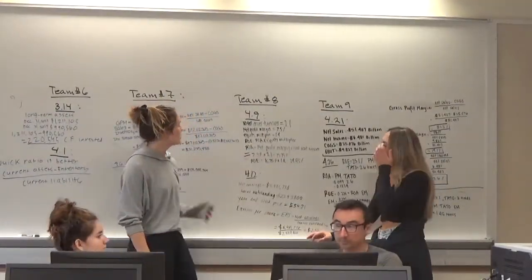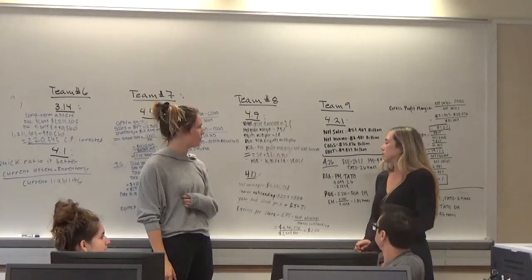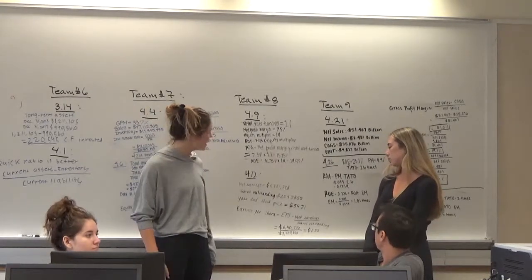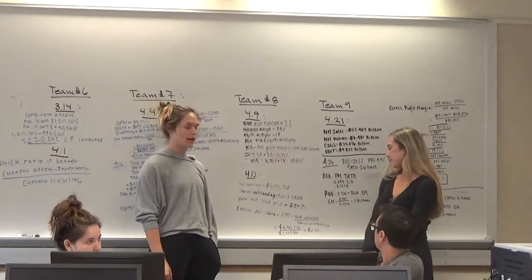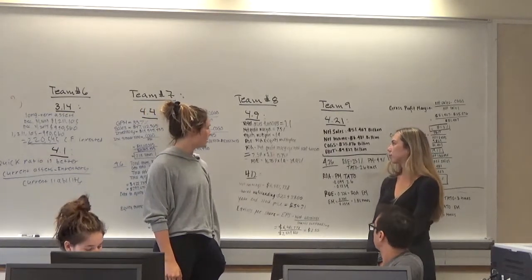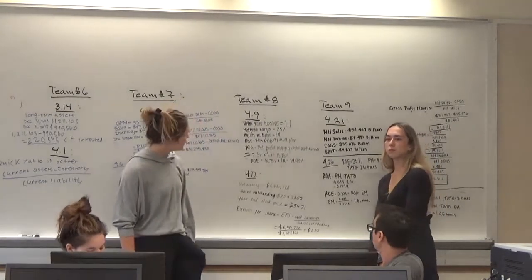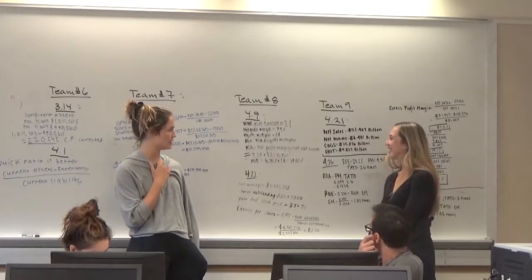Okay, so for the first problem, the givens we have are the total asset turnover of 2.1 and the net profit margin of 7.5% and an equity multiplier of 1.9. And in order to calculate the ROE, you take the ROA times the equity multiplier. And then in order to calculate the ROA, it's net profit margin times total asset turnover.